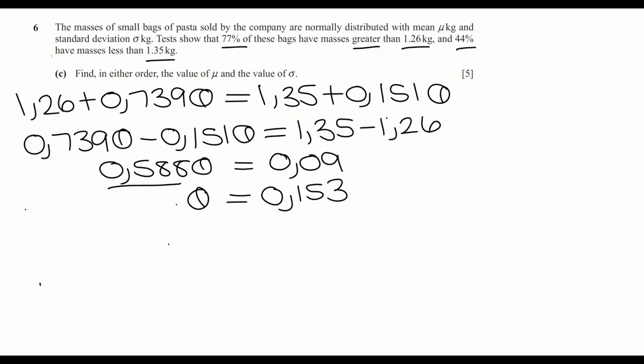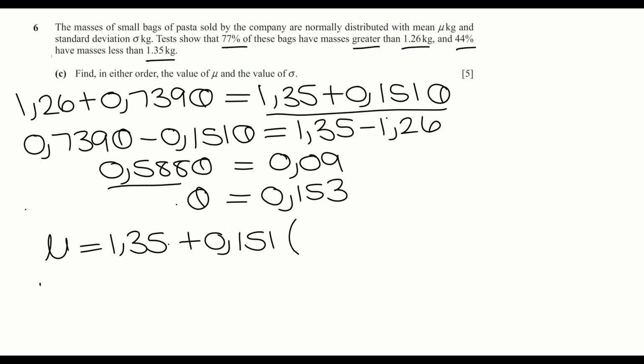Now that I have sigma, I can find mu, and I can substitute this value of sigma into either equation. I'm going to use the one on the right. So I can say mu is equal to 1,35 plus 0,151 multiplied by sigma, 0,153.